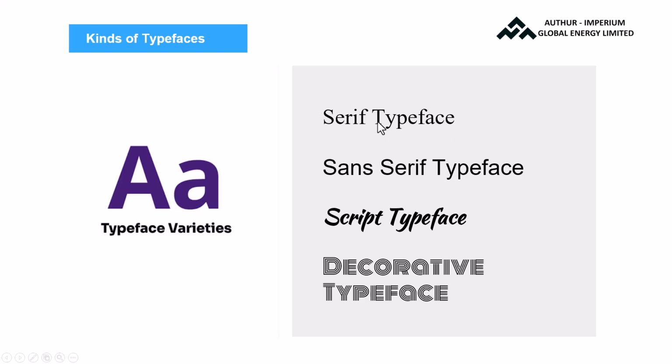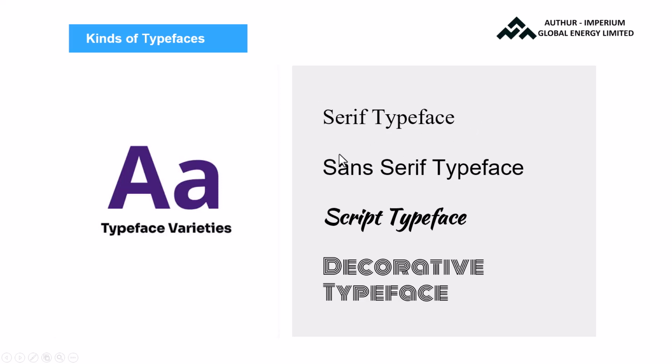Serif means these styles you see here, this shape on the S, like a spike, is called a serif. So the same thing on the R, the same thing on the F, T. So all the fonts that have things like this are called serif fonts.